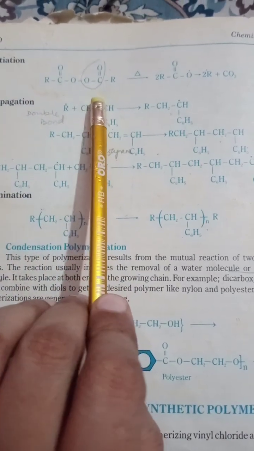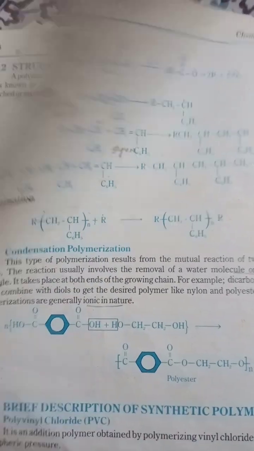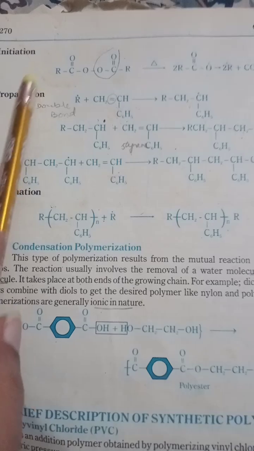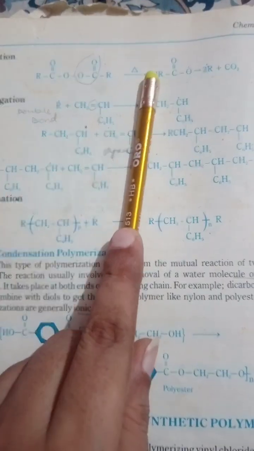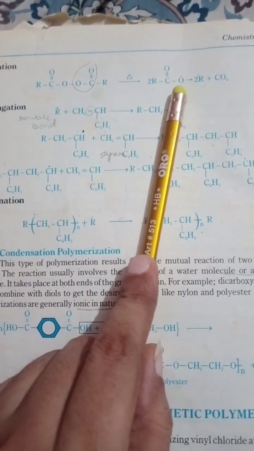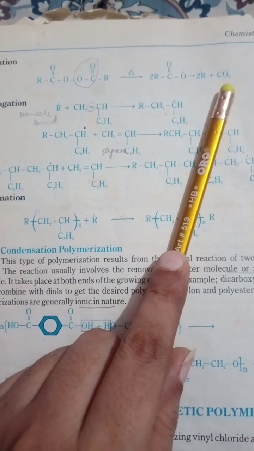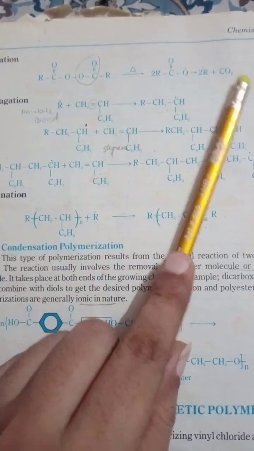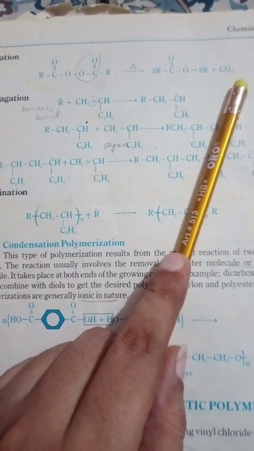The organic peroxide is heated, and there is generation of the free radical, and carbon dioxide gas is removed from this compound.